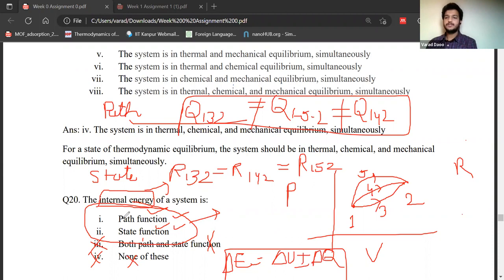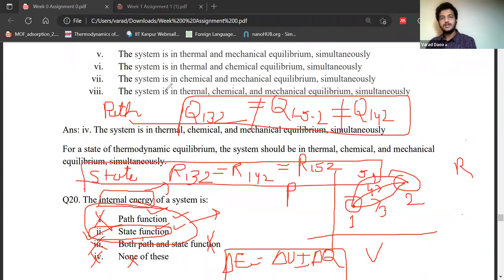What is internal energy? Will it be a path function? No. It will be a state function, right? Because it does not depend on the path. It depends only on initial and final state. So internal energy is a state function.